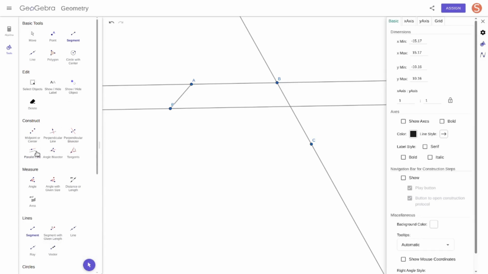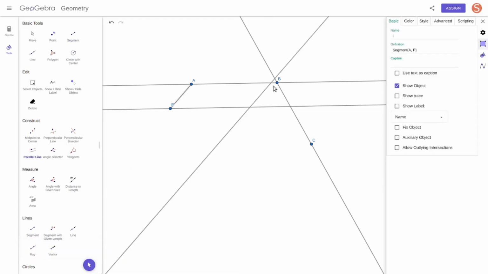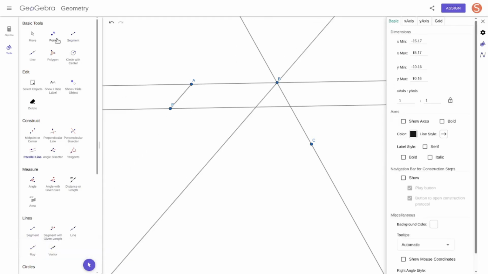So let's let this parallel line like so, and then this point here is the point I'm going to call, oh, I didn't put it in the right spot.